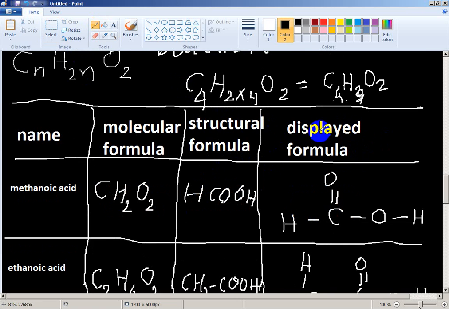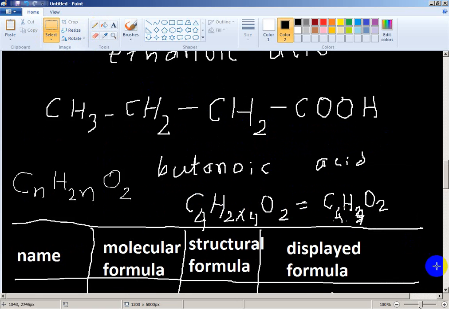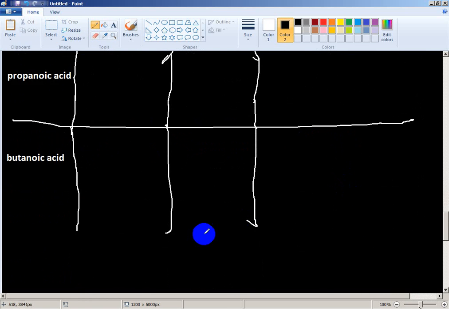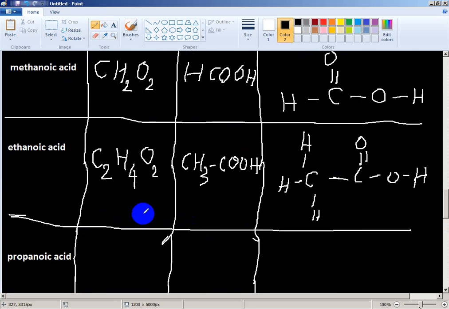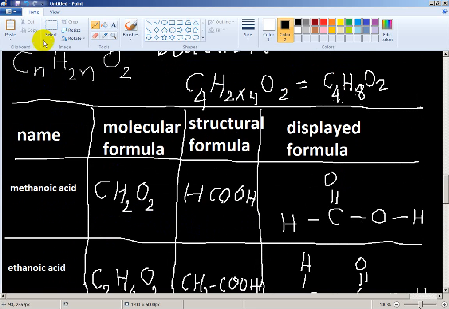Oxygen remains 2, the same. So the molecular formula is C4H8O2. I can copy paste.